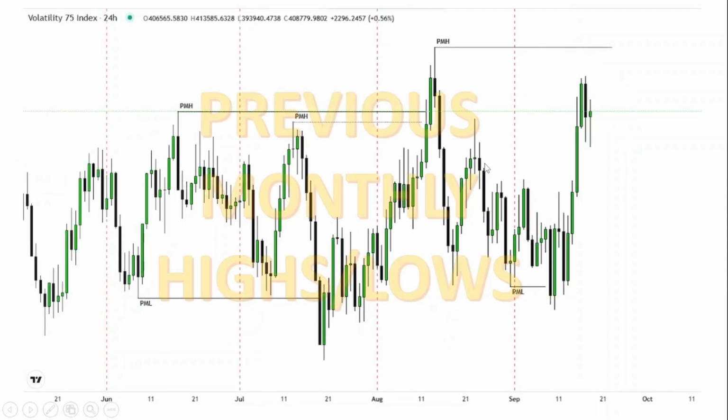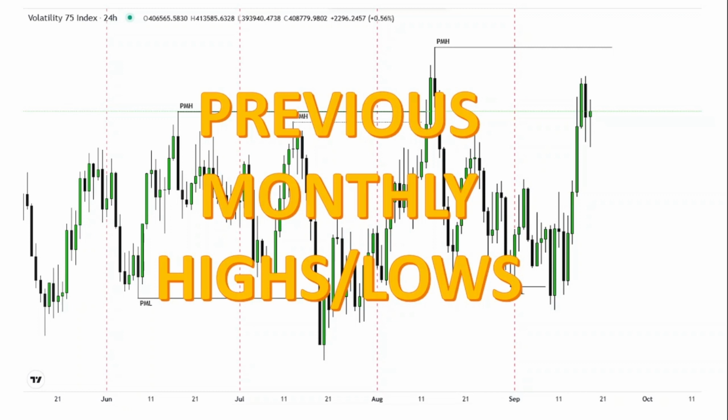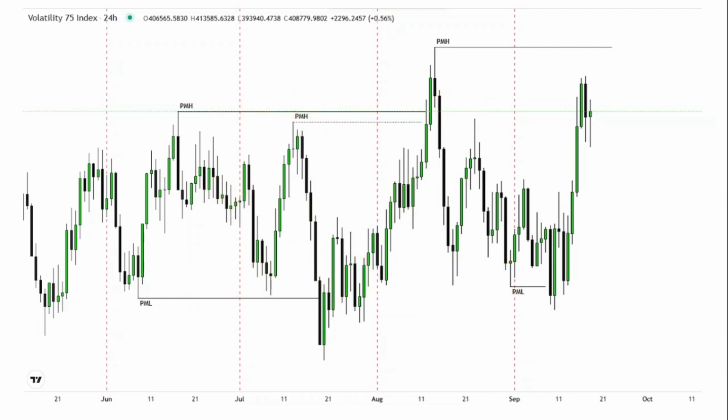Then lastly, previous monthly highs and lows. For you to see this, of course, you have to have intervals. On a daily time frame, you press on it and there are monthly divisions here. So this is June, this is July, August, and September. So high of June, low of June.